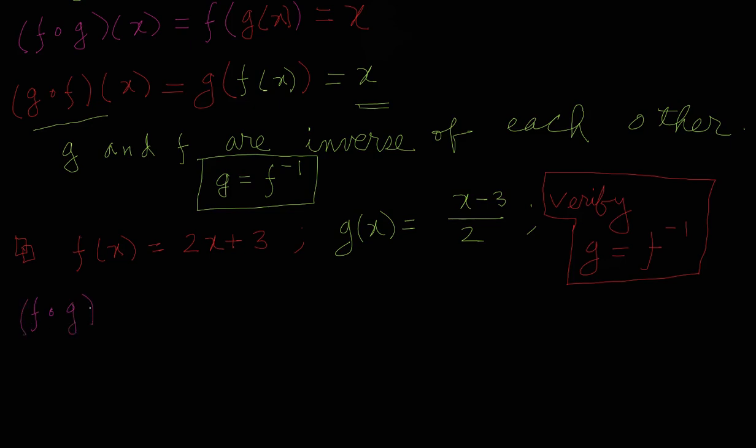By definition, the composition of f with g is: I write down my function f, I have my parentheses, and the inside argument is g of x. That is by definition the composition of function f with function g.